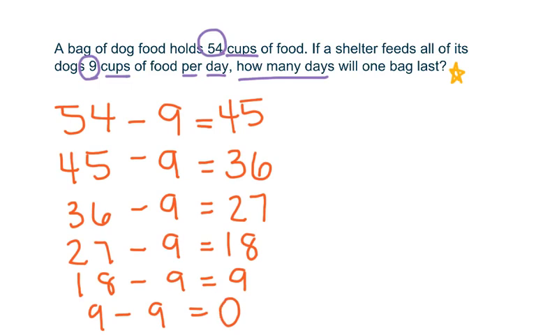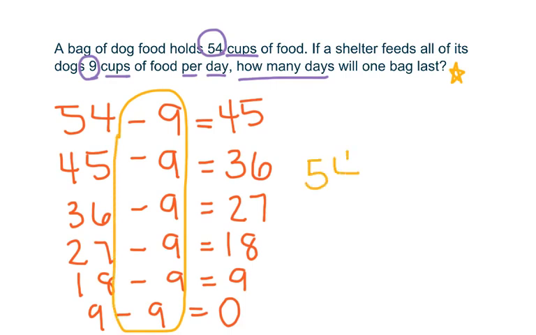So let's take a look. I subtracted 9 6 times. So that tells me 54 cups in one bag divided by 9 cups per day means that that bag will last for 6 days. Remember, your label is also a very important part of your word problem.